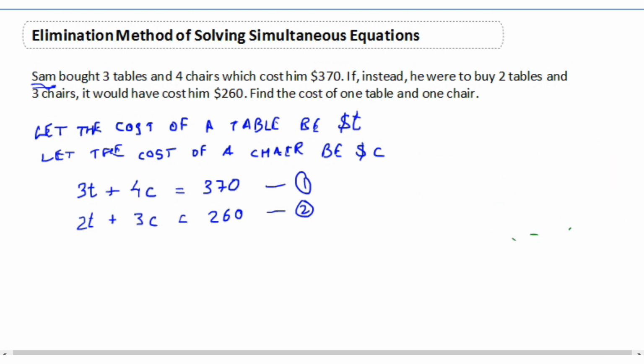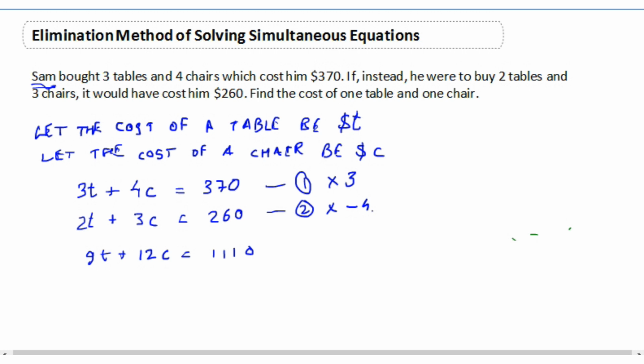So what I'm going to do is multiply this equation by 3 and this equation by negative 4. When I do that, I get 3t multiplied by 3, that gives me 9t, and 4c multiplied by 3 gives me 12c, and 370 multiplied by 3 gives me 1110. And the second thing is we multiply the second equation by -4.